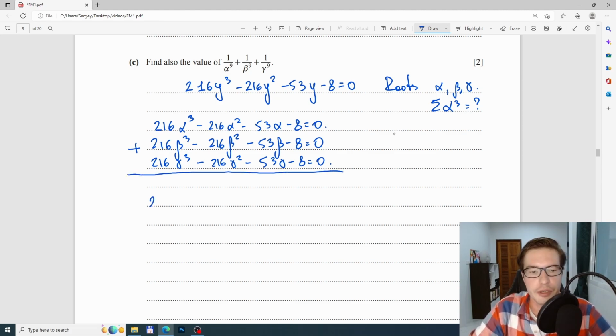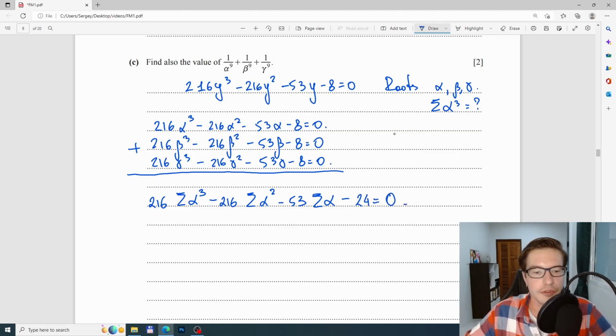So I will get 216 times the sum of cubes minus 216 times the sum of squares minus 53 times just the sum of the roots minus 8 times 3, which is 24. And that equals 0.